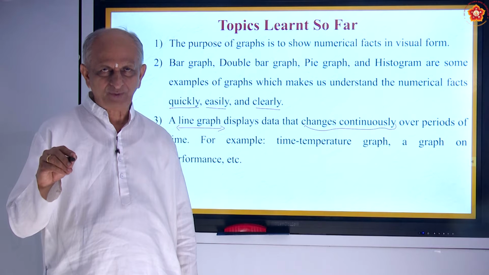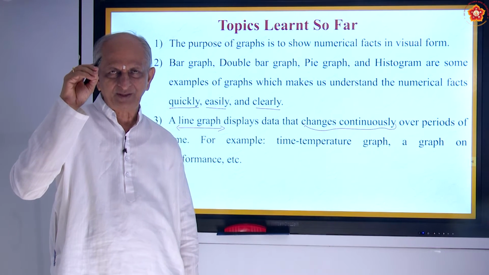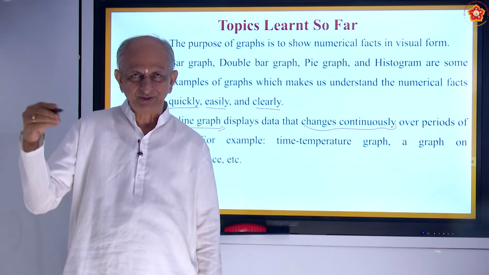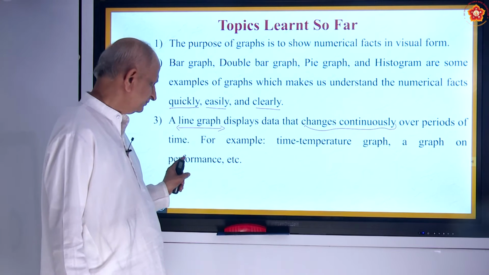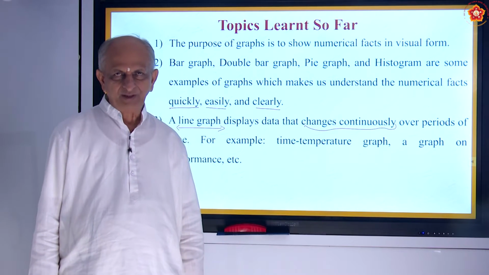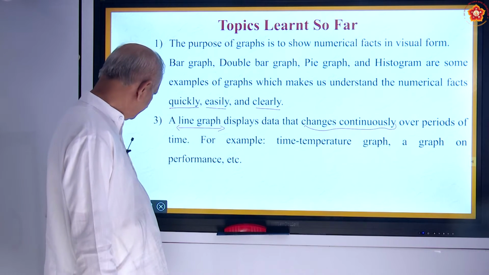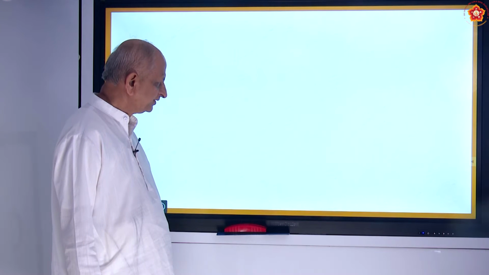After the end of the first over, what is the India score? After the first over, what is the Pakistan score? Second over, third over, like that they compare. So the graph will be showing that. Like that, it is called performance. Correct? So these are some of the advantages of graphs which you already saw in the previous class.